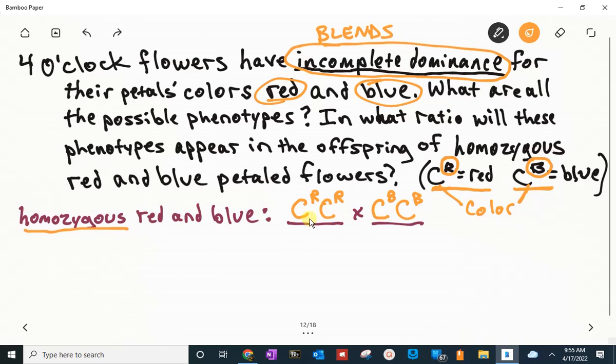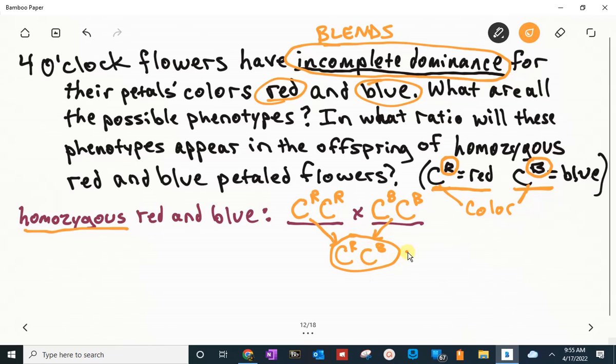Well, if you cross red and red with blue and blue, then you're going to end up with one red and one blue. But since these are incomplete dominant, this is not going to be the phenotype.